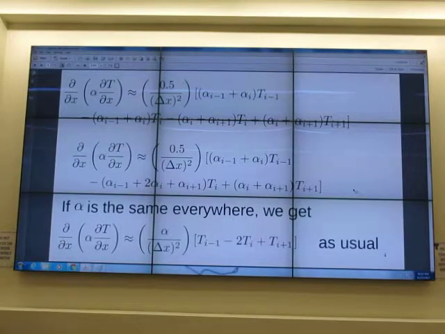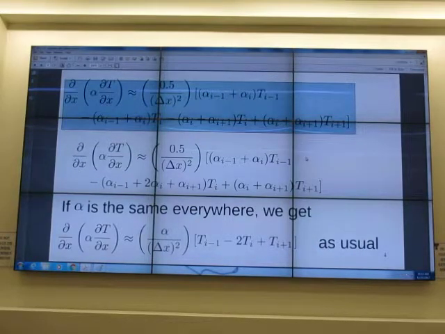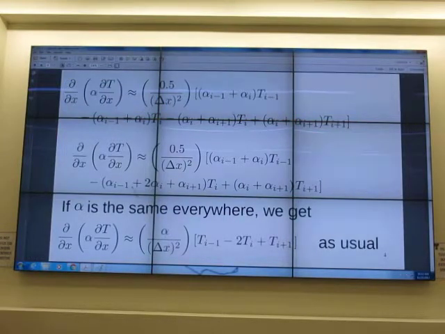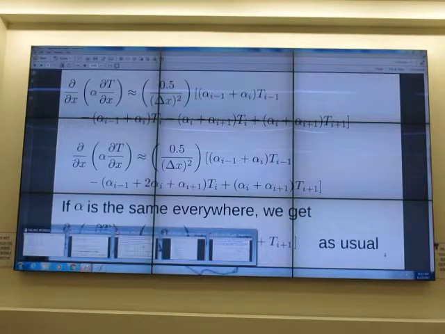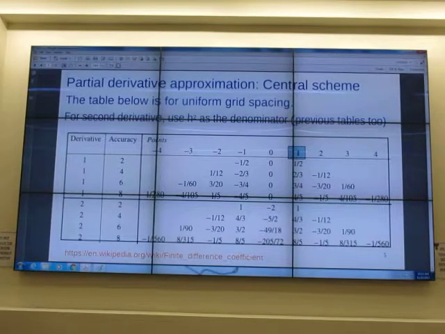So I copy the simplified form, and when you look at this, what if alpha is the same everywhere? What do I get? I get this: alpha over delta x squared times T(i-1) minus 2T(i) plus T(i+1). Same as if we use the central scheme formula directly.